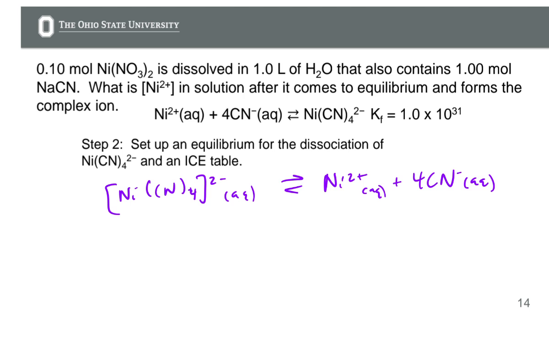Okay, we're going to say we've formed the maximum amount of the nickel complex ion. We're going to take those moles, convert to molarity so we can use an ICE table. And given that molarity to start with, how much nickel is going to be left over? Because we said in step 1 that we used up all the nickel, but there's an equilibrium. So in reality there is going to be some amount of nickel ion present.